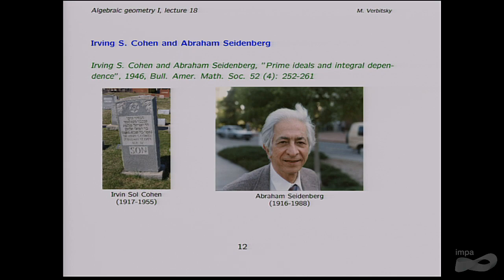Seidenberg lived quite a happy life, and Cohen unfortunately committed suicide in his 30s because he was very critical of himself as a mathematician, and he decided that he was a failure. He thought he would never do anything as good as his thesis, and it was his downfall. I couldn't even find his picture. It doesn't exist on the internet. At least this is his tombstone.